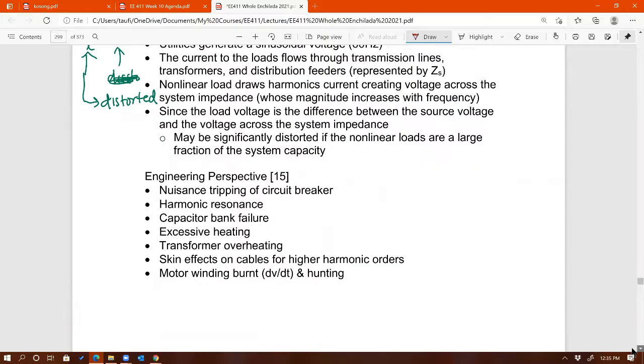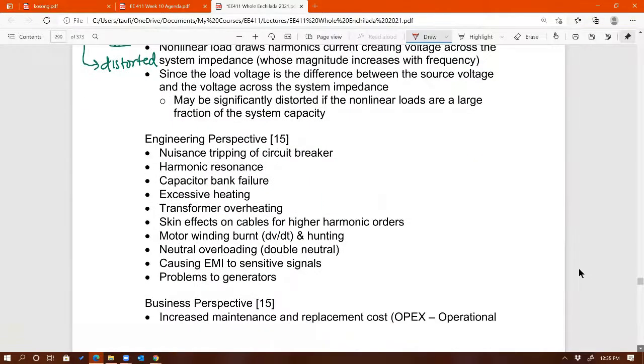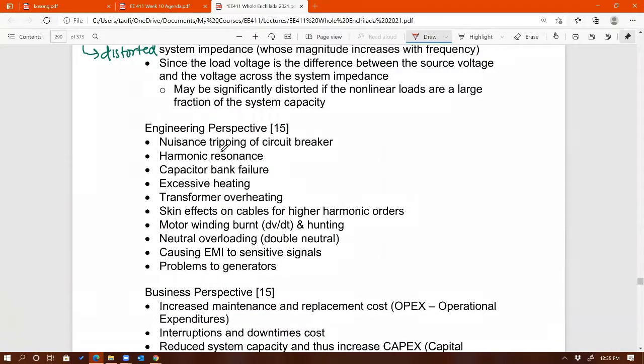So why should we be concerned about harmonics from an engineering perspective? They can cause many problems. Nuisance tripping of circuit breakers: the circuit breaker is controlled based on zero crossings. You are supposed to see two zero crossings per cycle, but because of harmonics, for example notching, you could see more than two zero crossings.